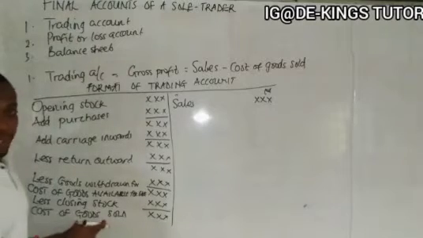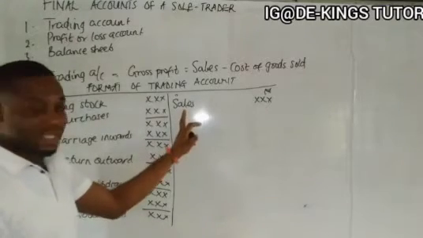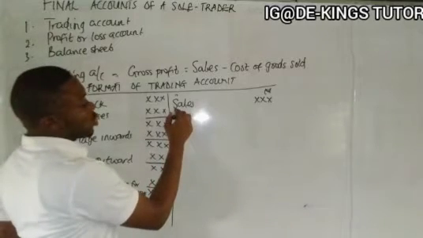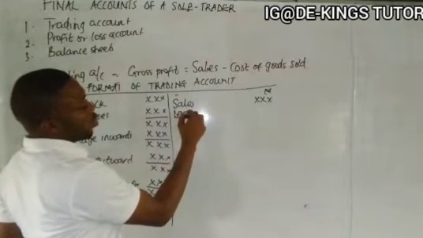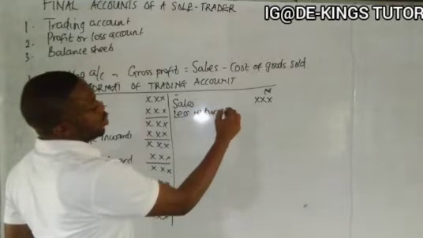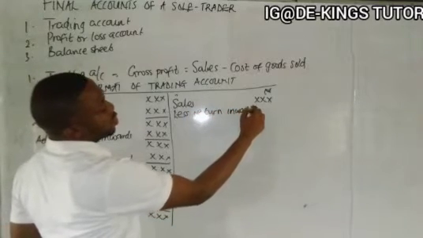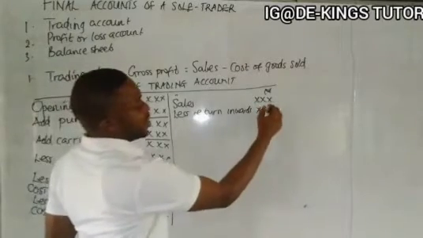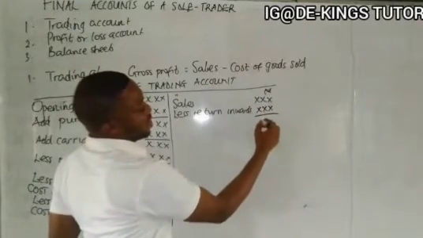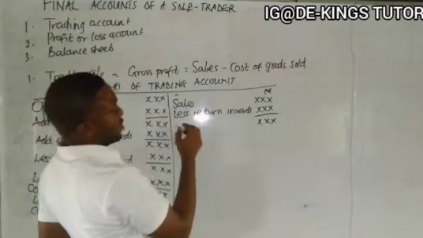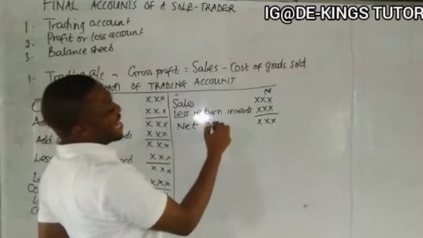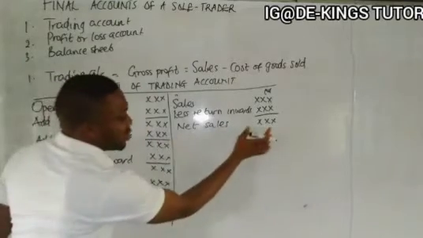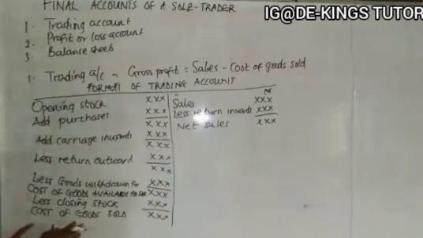Now this is what we're talking about, the cost of goods sold and the sales. At the right hand side, what we can deduct from the sales is what we call less return inwards. I will explain the meaning of all these terms one after the other. So this can give us what we call net sales. So we look for the difference between this and the cost of goods sold.